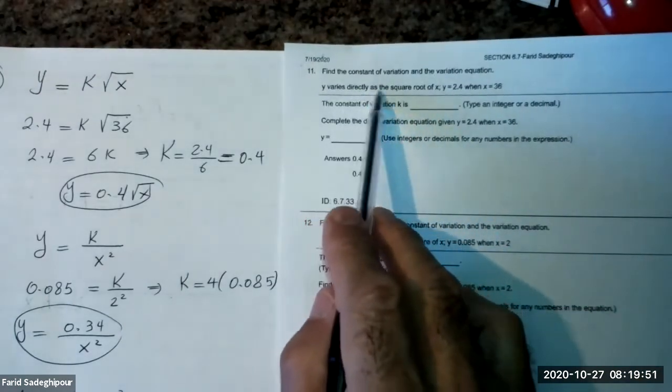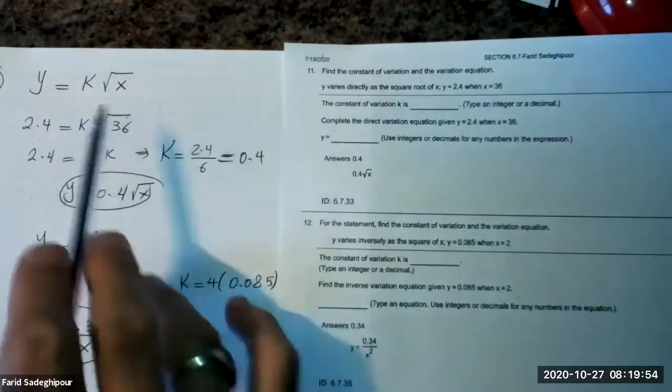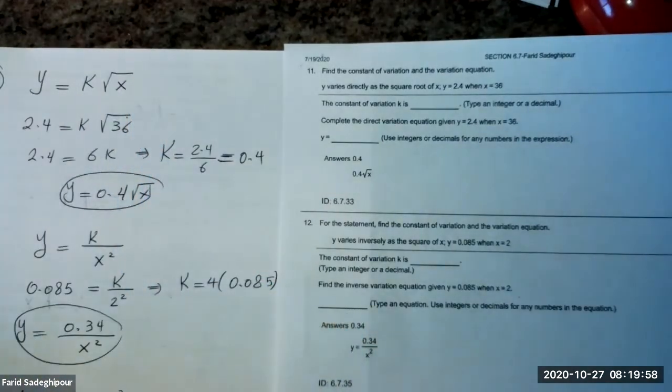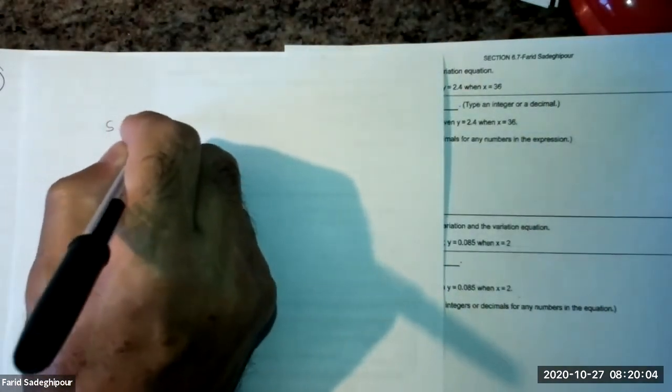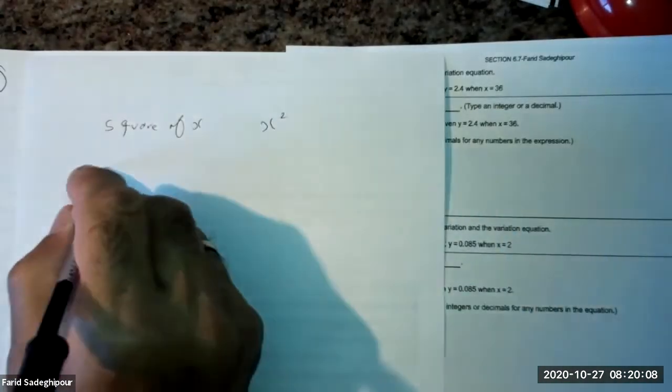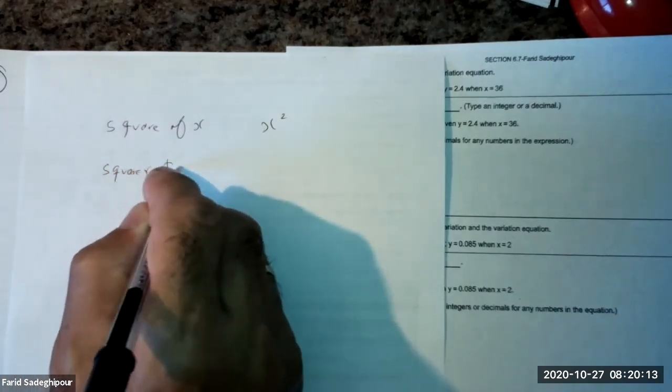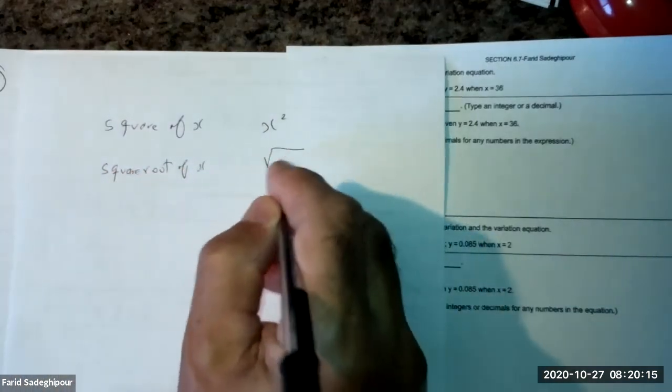Y varies directly as the square root of x. So you need to understand the difference between when we say square of x, then it's x squared, and if we say square root of x, then it's this.